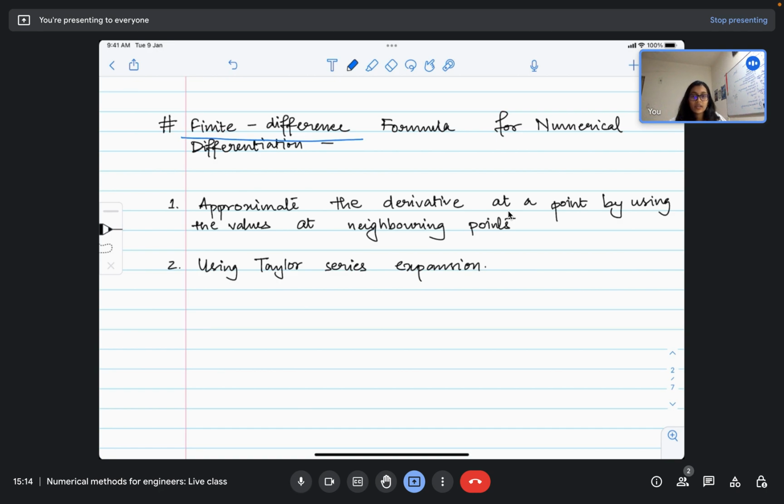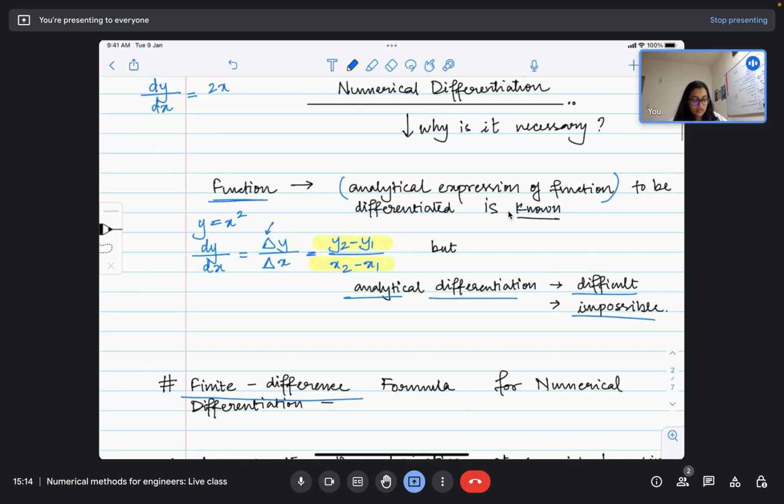Now, what will be our approach to derive the finite difference formula for numerical differentiation? We will basically approximate the derivative at a point that we are interested in by using the values of the neighboring points. Okay. So just like when we were understanding, we took this example of y2 minus y1, suppose the next y value y2 minus the previous y value y1.